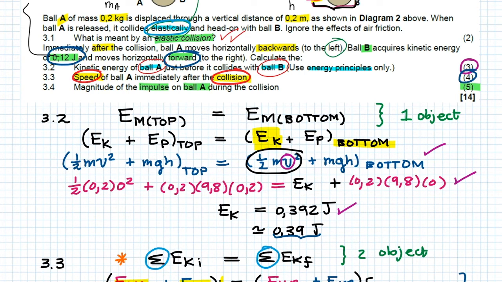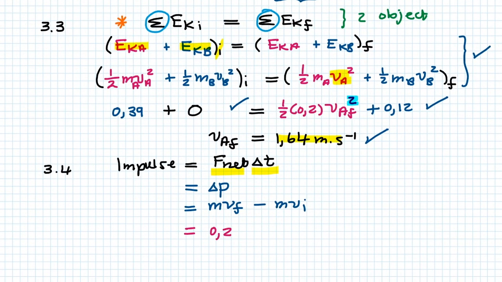They said, immediately after the collision, ball A moves horizontally backwards to the left. Remember that we chose towards the right or forward to be positive. Or if we didn't, then we're at least doing so now. So that means that when we plug the final velocity into this formula, we need to plug it in as negative 1,64. This is very, very, very important.